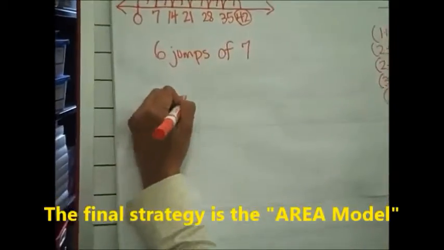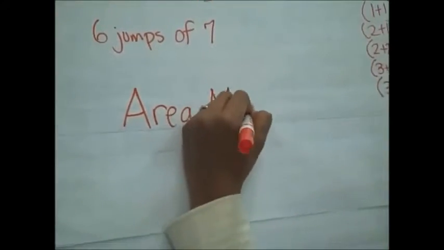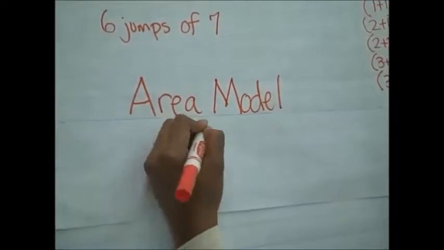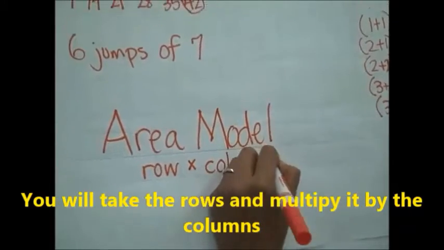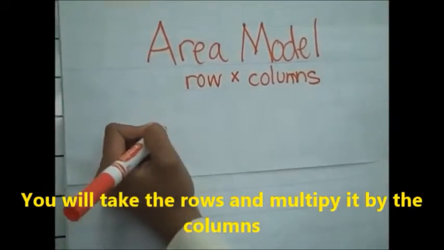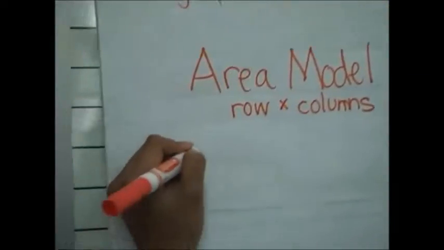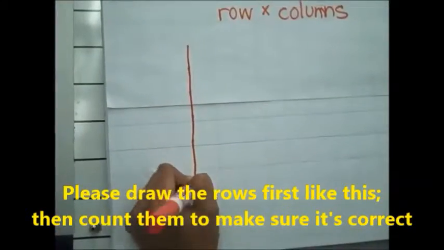Okay, and finally, I am going to use an area model to represent and solve for 6 groups of 7. In my area model, I am taking rows and multiplying them by columns. My rows are going to be my groups, so I need to have 6 rows: 1, 2, 3, 4, 5, 6.